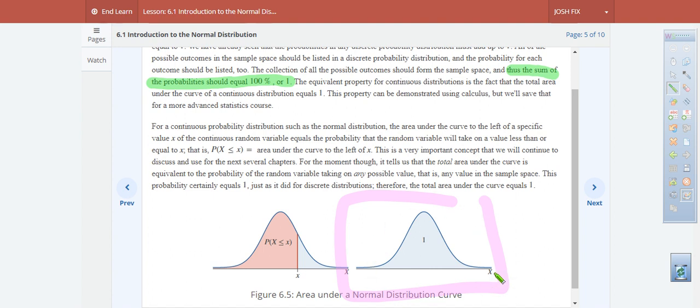I'll record a second video that talks about those percentages, which are called the empirical rule. It's a set of rules that we use, but for now, just know that this is the normal curve. It represents 100% of my data that I've collected and that I've calculated the mean and everything from.